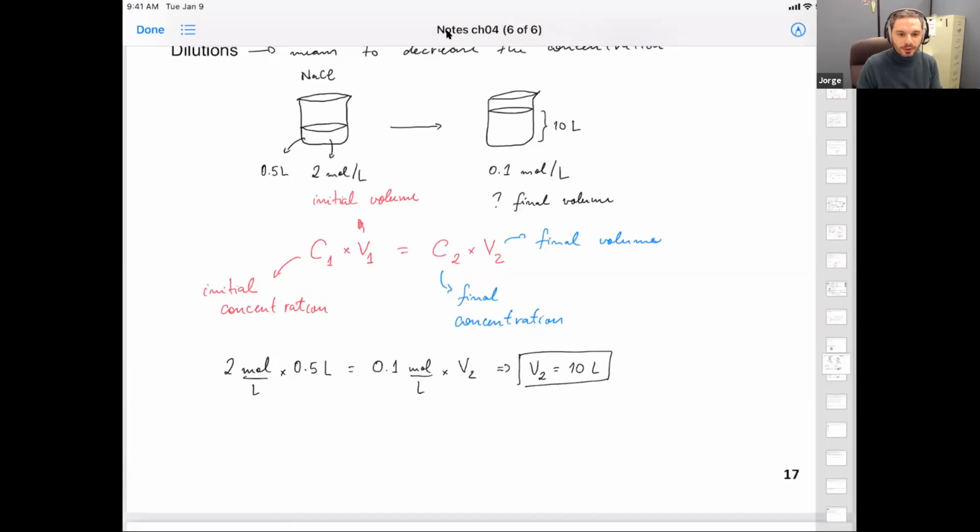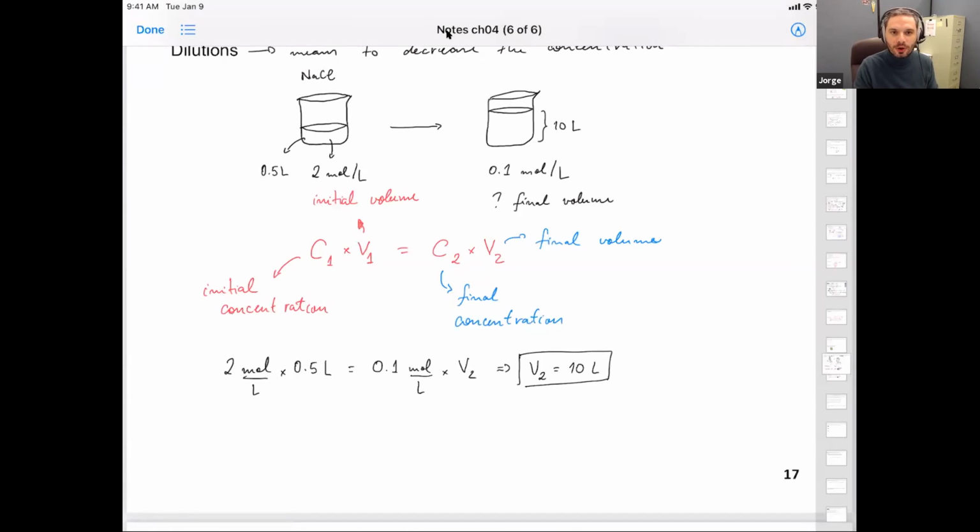Okay, so that's everything I want to talk with you about concentration. Remember, we can calculate the concentration of anything that is in solution. Every time we dilute a solution, we are starting from a higher concentration and going towards a lower concentration.